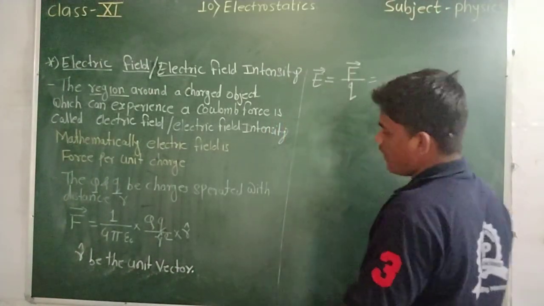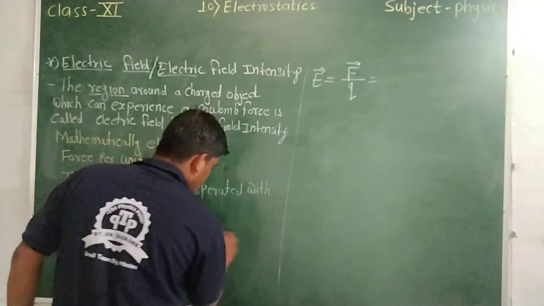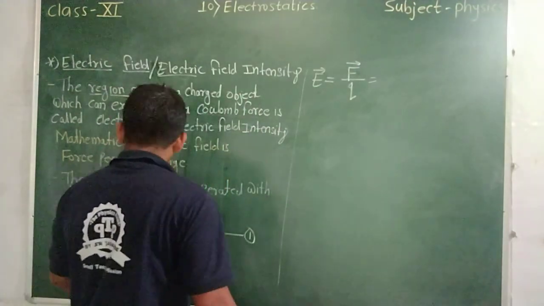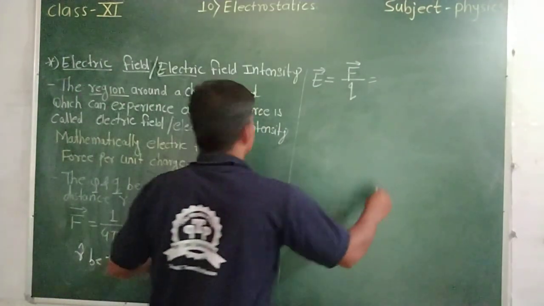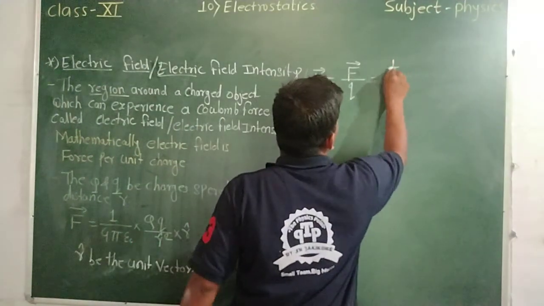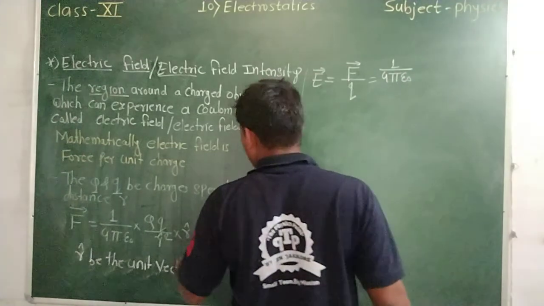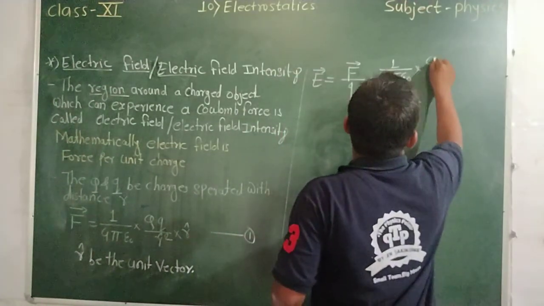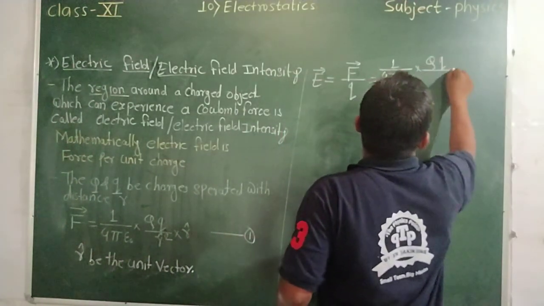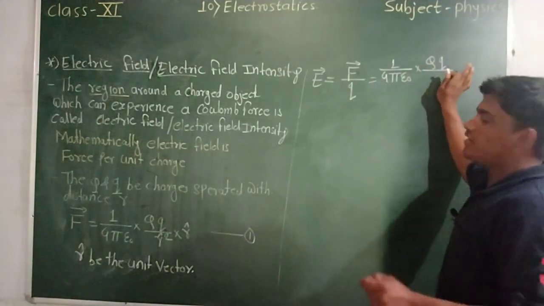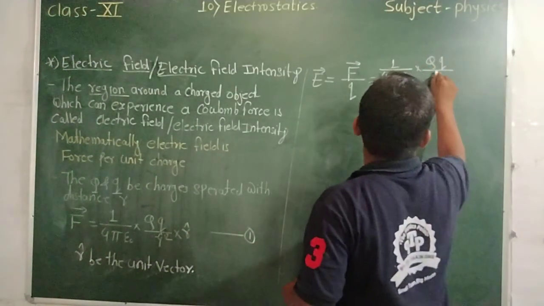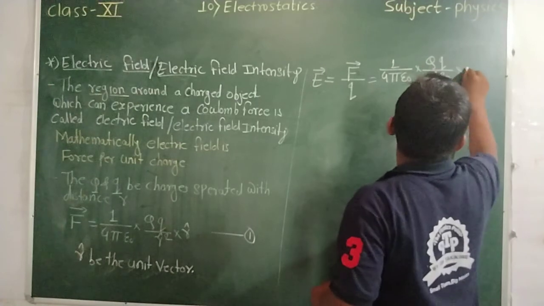We know the equation of F, equation number 1: F is equal to 1 upon 4 pi epsilon 0 into capital Q into small q, the two charges separated by distance, divided by r square into r cap.